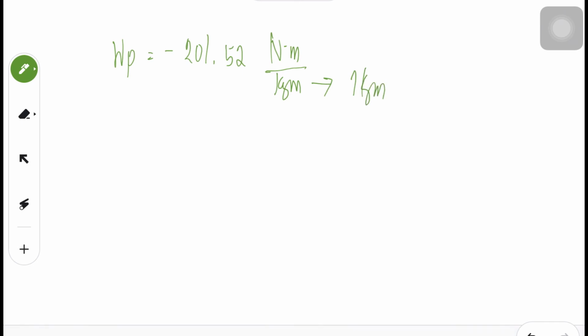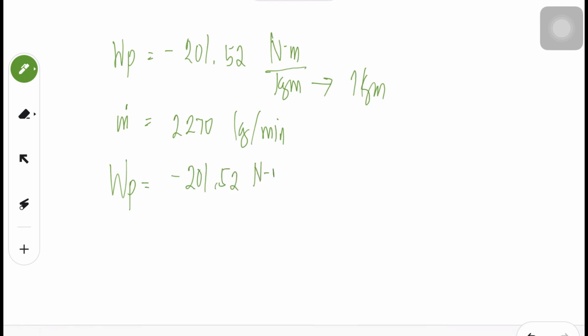But since given sa atin yung flow rate natin which is 2 to 70 kilogram per minute, so the work of the pump now is negative 201.52 Newton meter per kilogram mass times the 2 to 70 kilogram per minute.